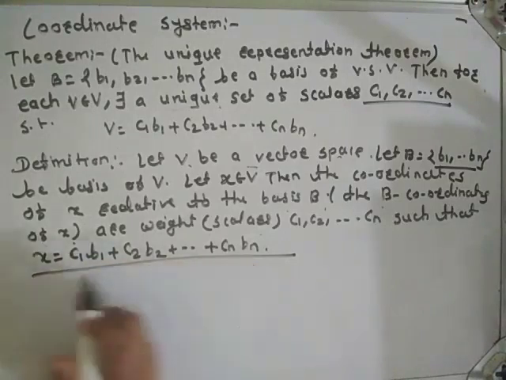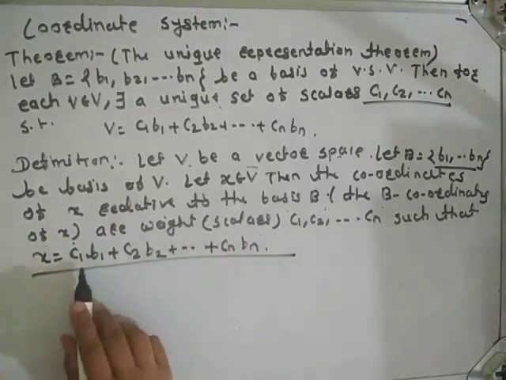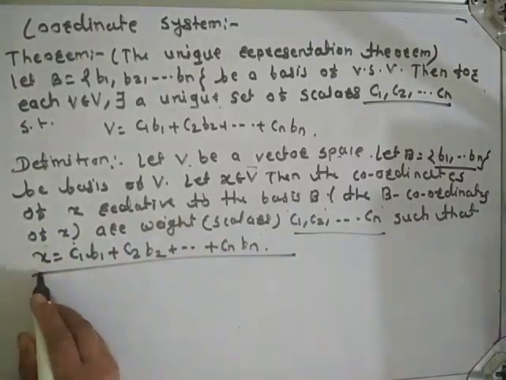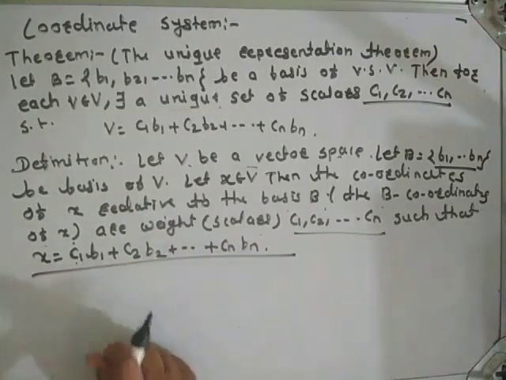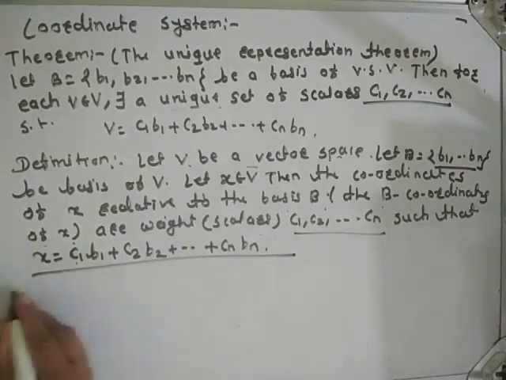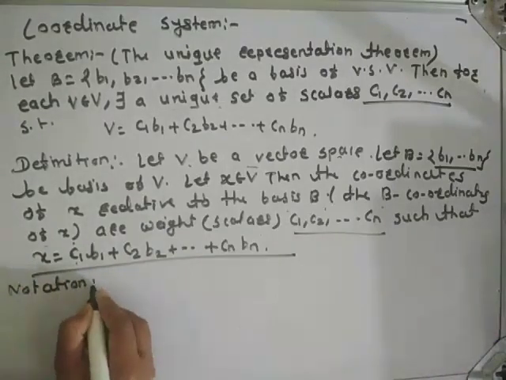The coordinates of X relative to the basis B are nothing but the scalars such that X can be written as a linear combination of B1, B2 and so on up to Bn. Okay. In the next line, write down the notation.